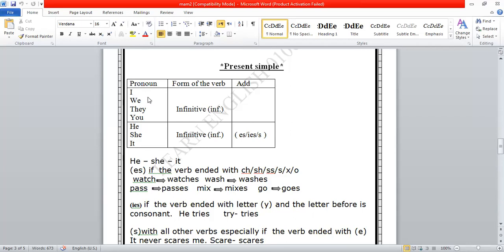The first part, we put the subject, I, we, they, you, or any plural noun. And we put after that the verb in infinitive form. We didn't add anything to the verb.